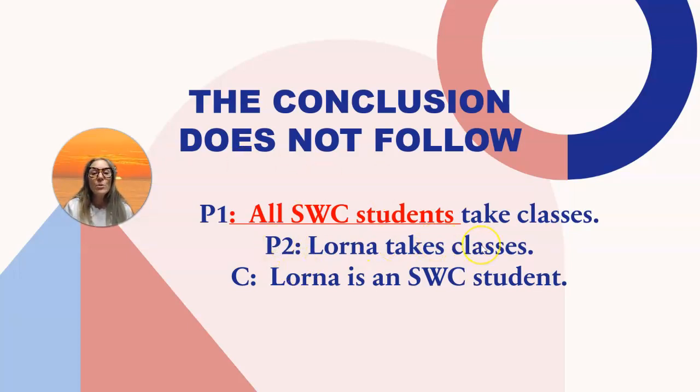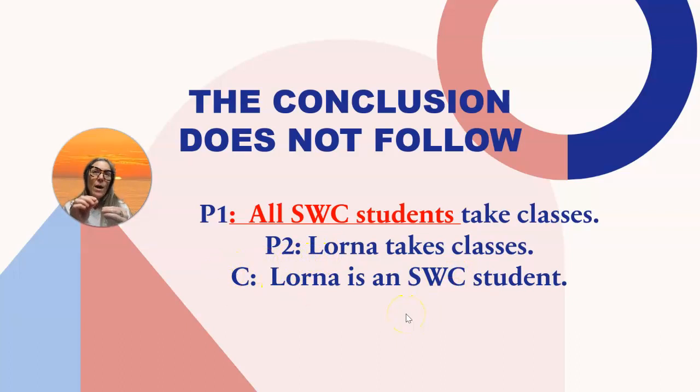Premise 2, could it be that she's going to school at Grossmont College or Mesa or Harvard? It could. Just because I found someone who takes classes doesn't mean she's in that group.